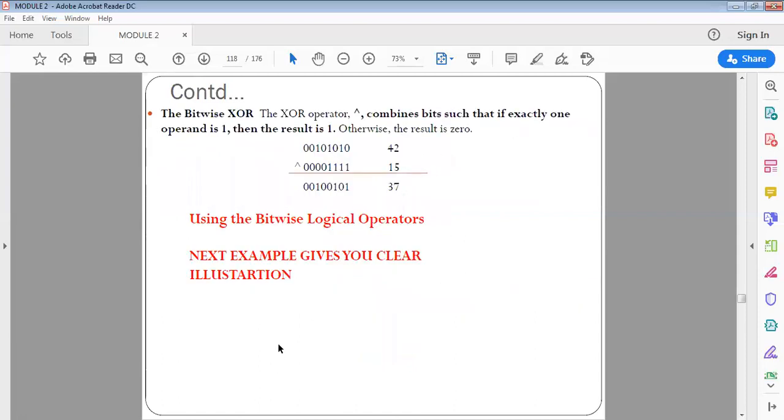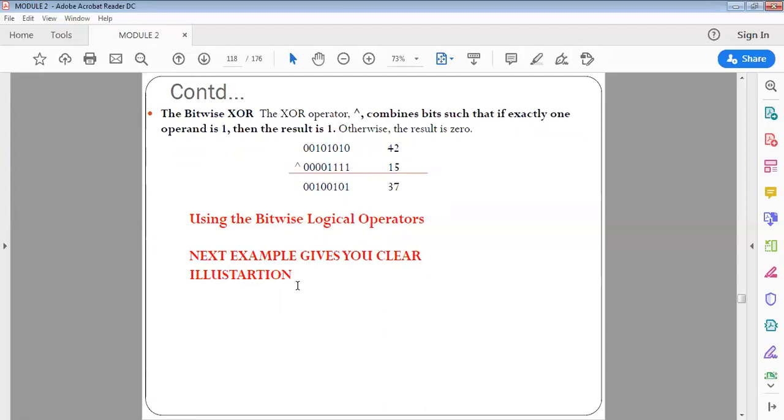The bitwise XOR operation combines bits such that if exactly one operand is 1, the result is 1. In the XOR operation, if both numbers are the same, give 0. If both are different, give the value 1. So that is the XOR operation.